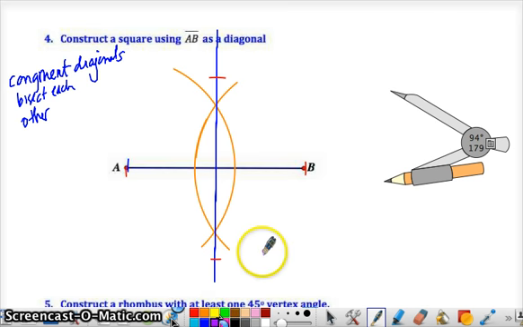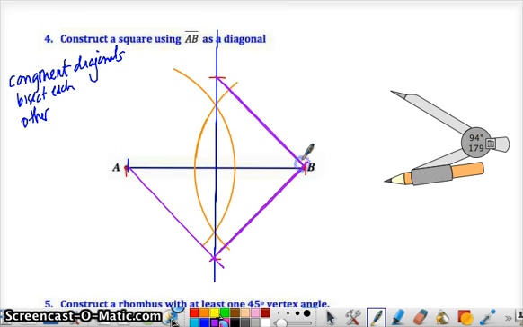these four intersections, right? So this one down here to letter A. Sorry, it's hard for me to line stuff up on the board, so hopefully you guys are a little more accurate than I am. This intersection to B, this intersection to B, and this intersection to A. So this is actually the easiest way to construct a square, is to have these bisecting diagonals.